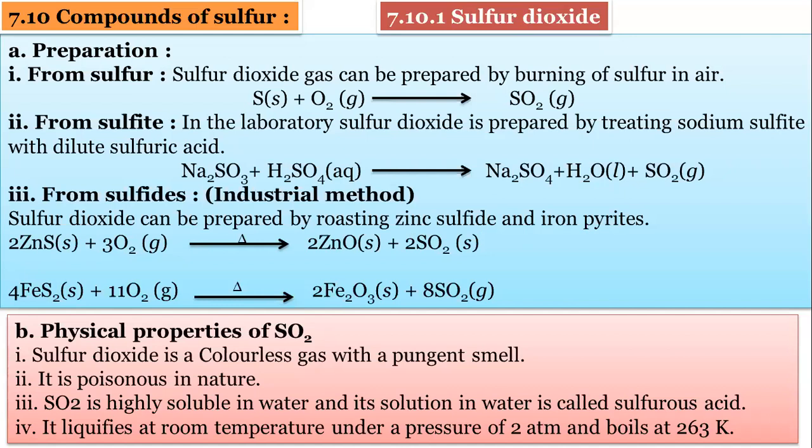Roasting means it is heated in the presence of air. So zinc sulfide plus 3O2, heated, we get zinc oxide plus twice SO2. This is sulfur dioxide. And this is iron pyrites, the formula of iron pyrites. It is also heated in the presence of air. We get twice Fe2O3, and make a practice of these reactions at your home.